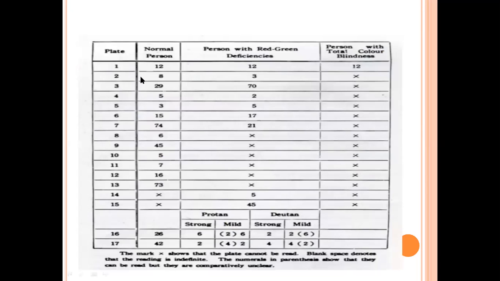We can see there are a number of plates starting from 1 to 15 or 1 to 17. A normal person reads that number as 12 in that particular chart. Then red-green deficiency, again it can be read as 12. Like that you can have different numbers, how the normal person can read that number and how a red-green color blind person interprets it.